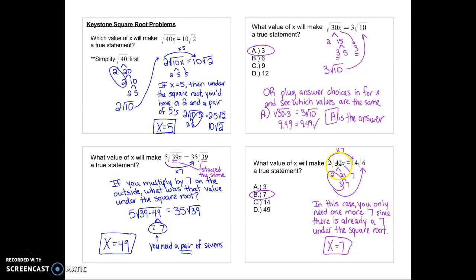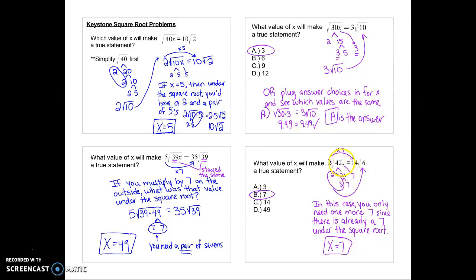However, this 42, if I break that apart, gives me 2 times 21 and 3 times 7. So this 2 times 3 is what gives you your 6. This 7 is one of my pair.